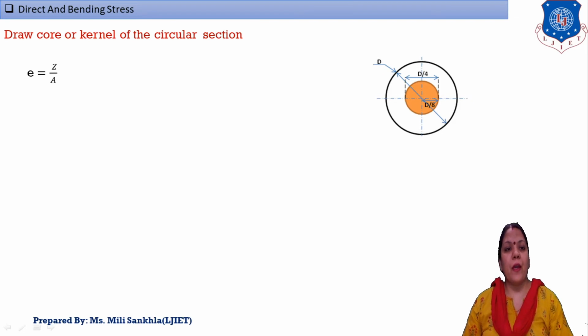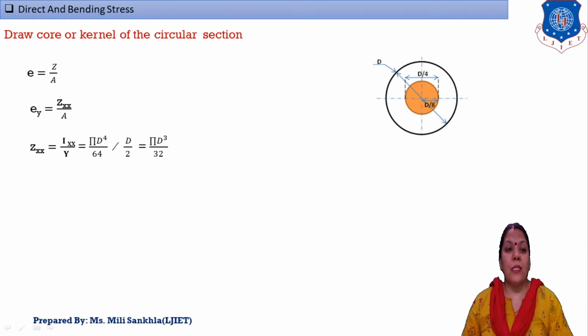To find the value of core and kernel for the circular section, take the relation: eccentricity e is equal to Z by A. We find one eccentricity, Ey, and similarly write another eccentricity about the opposite axis. Ey is equal to section modulus about the x axis divided by area, because eccentricity is always perpendicular to the axis.